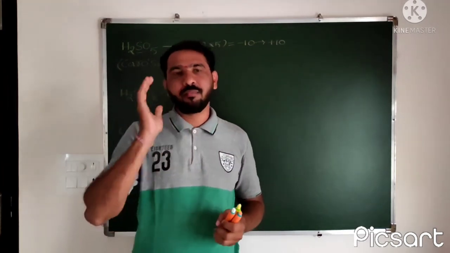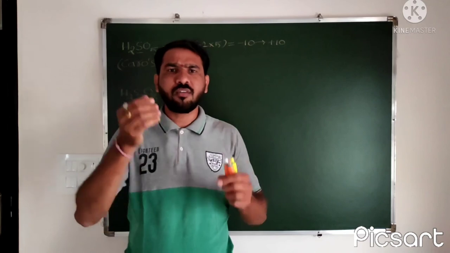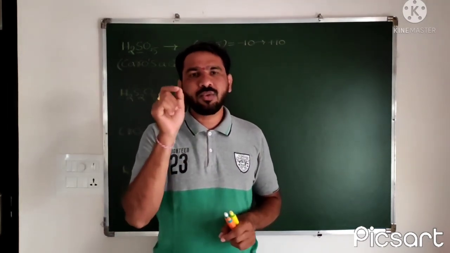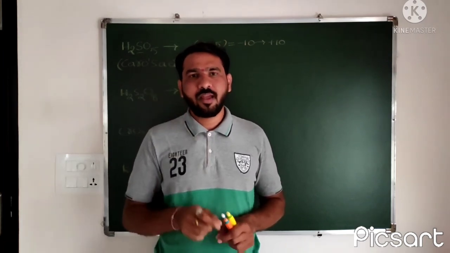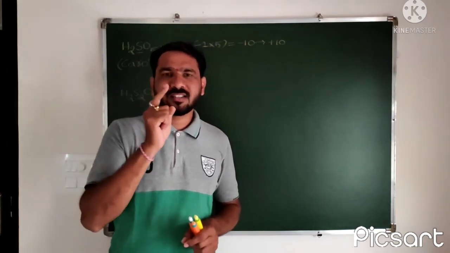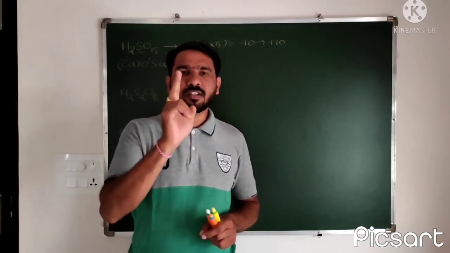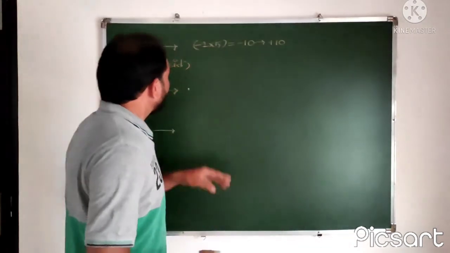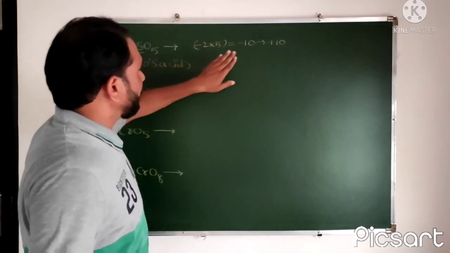This is very, very important. Using a peroxy bond. What is the use of a peroxy bond? To reduce the positive oxidation state, we need to use the peroxy bond. Remember, one peroxy linkage reduces two positive charges. Let me calculate. Coming to this calculation, minus 2 into 5 equals minus 10.